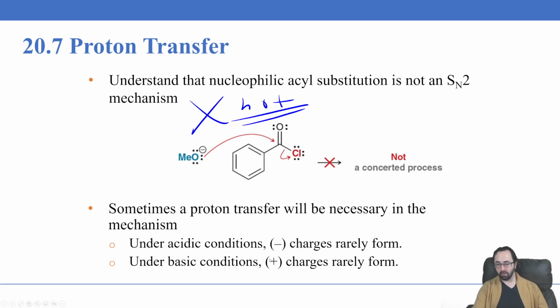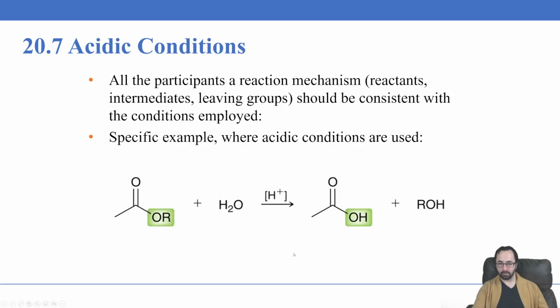Under basic conditions, you're not going to have protons to protonate the carbonyl, so you're not going to have these positively charged structures form. Instead, you'll have the immediate attack of the nucleophile on the carbonyl that is not protonated. But in the end, you'll often have to deprotonate the nucleophile that attacked.